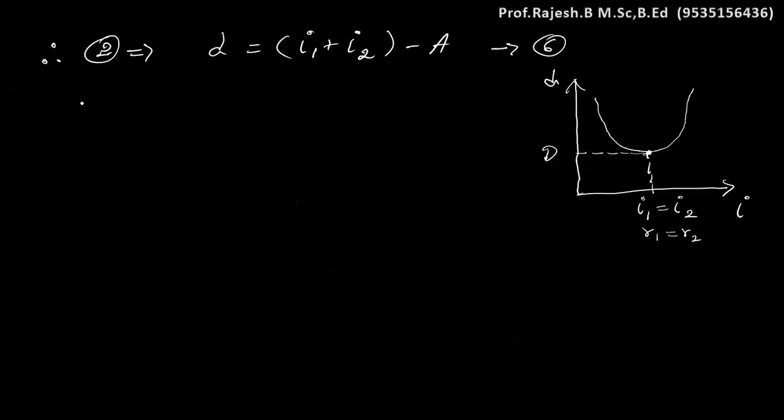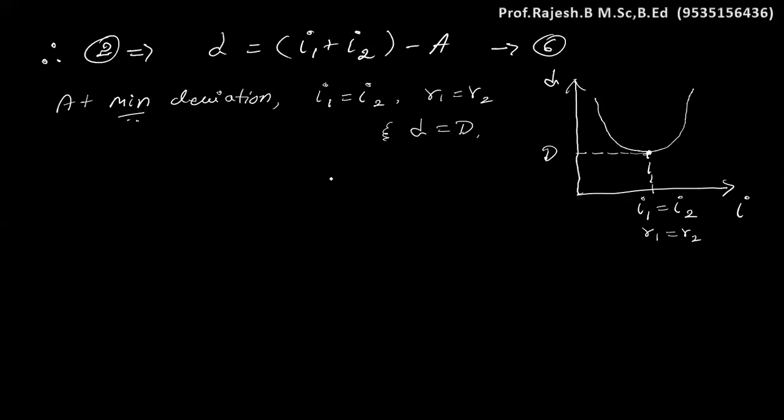So here apply the minimum deviation condition: at minimum deviation I1 is equal to I2, R1 is equal to R2, and small d can be replaced with capital D, right?